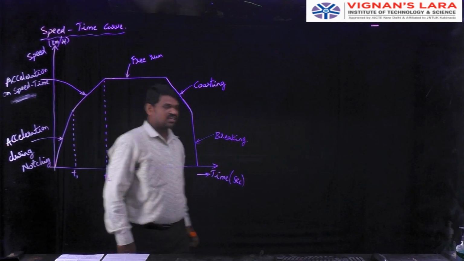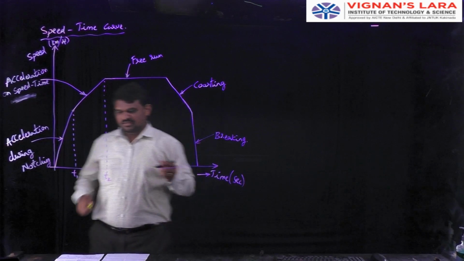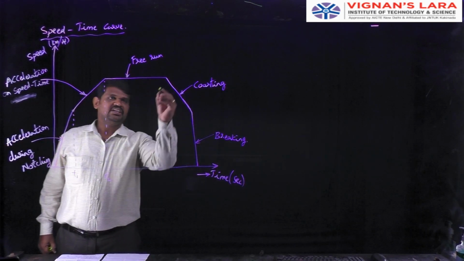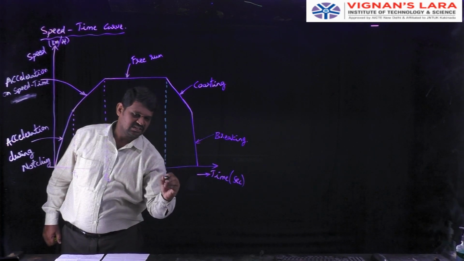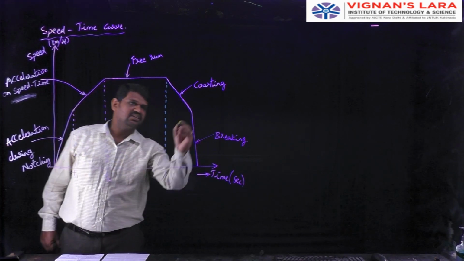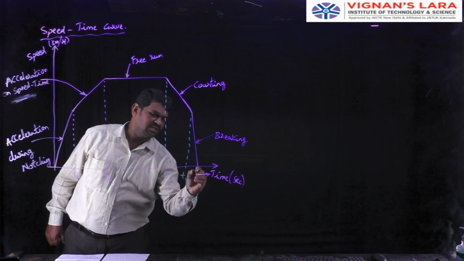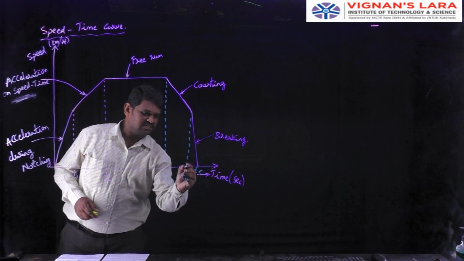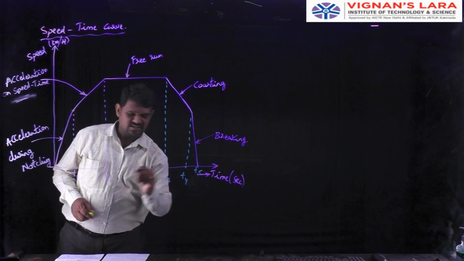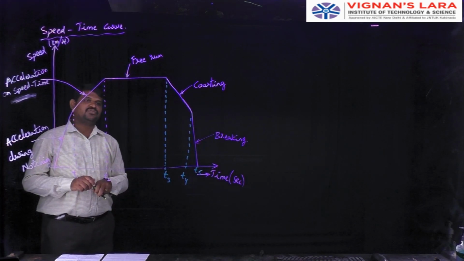These are the T3 period, T4 and T5. These are the time periods of the speed time curve.